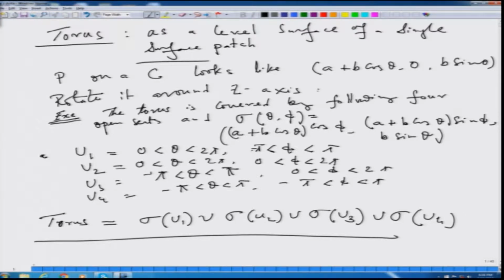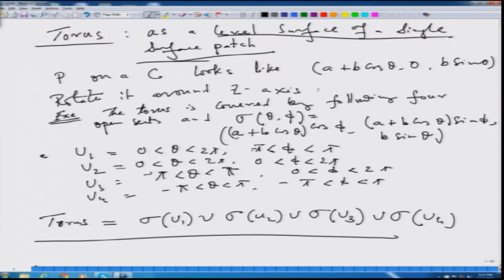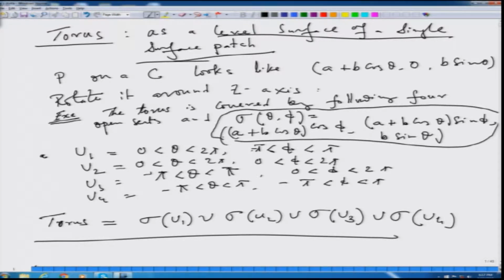And we want to realize it as a level surface of a single surface patch. How? That is done very easily. Suppose I want to denote sigma theta phi as x y z, where recall that sigma theta phi is the parameterization of the torus.